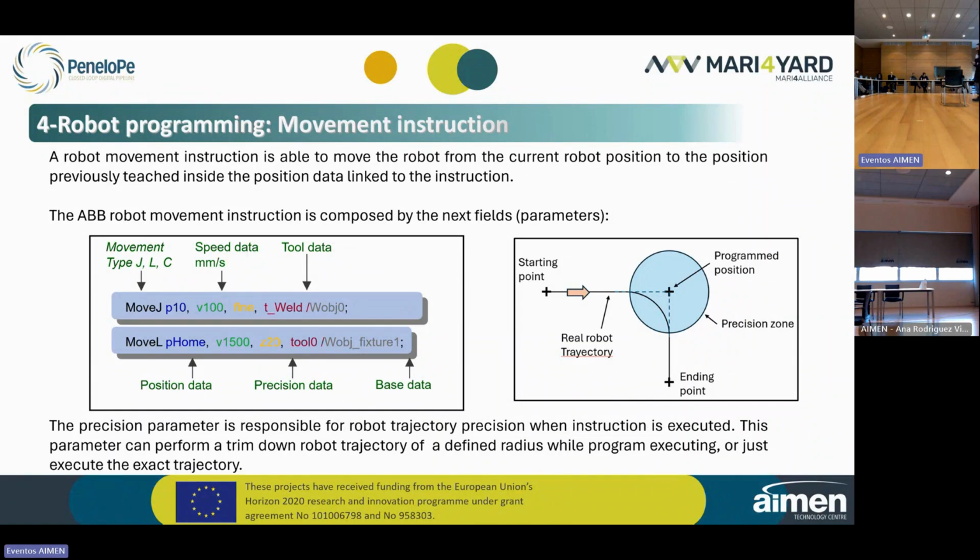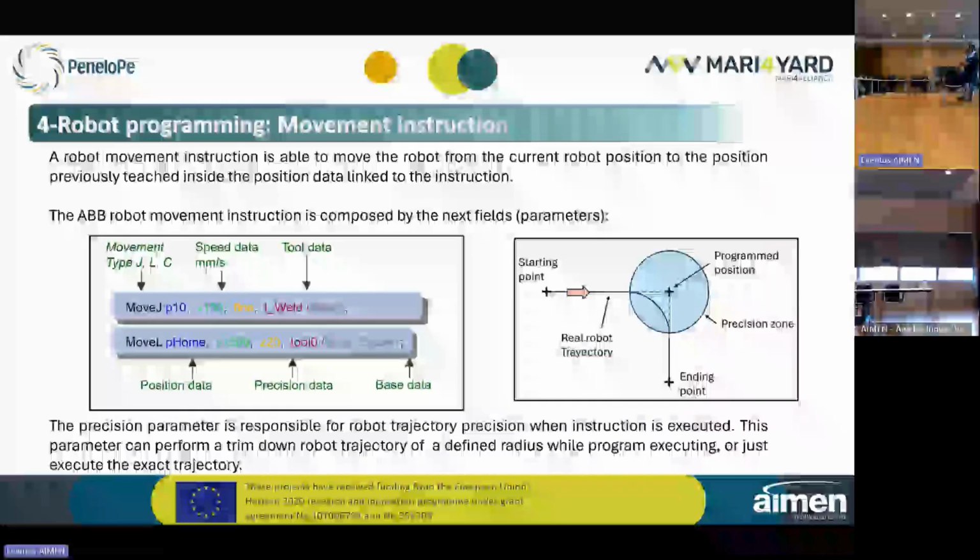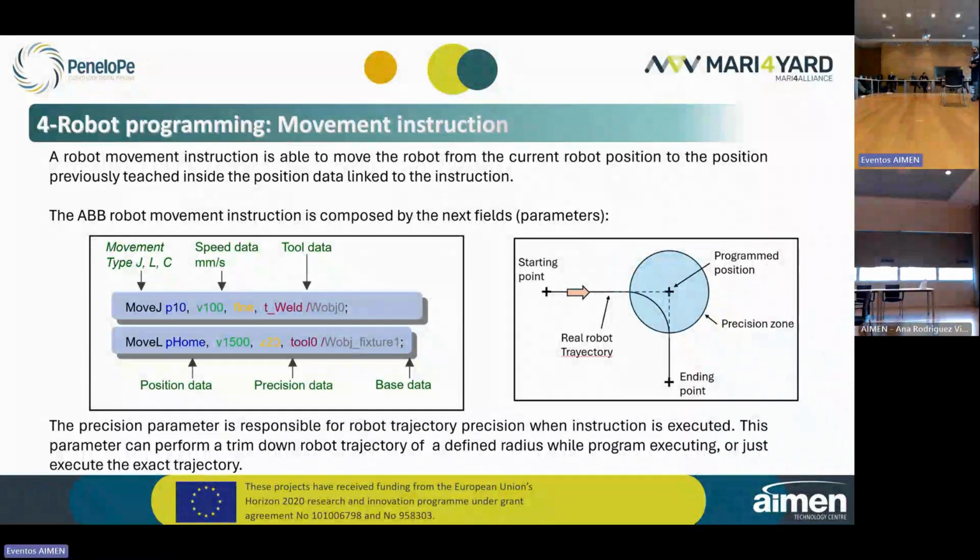The other one is the tool data. Of course, we have to tell the robot which of the tools we want to work with, because the robot could have different tools fitted to the robot flange.